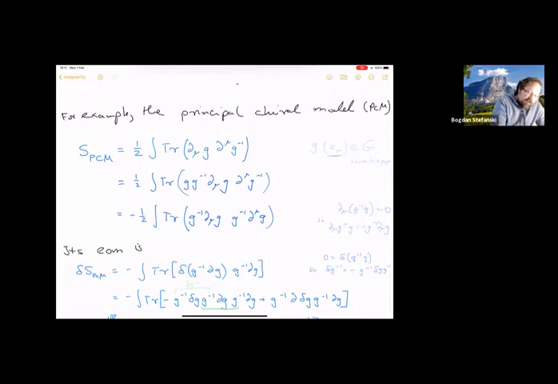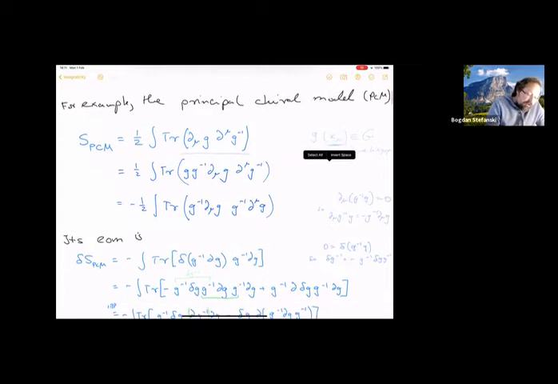So the action you can write down for the principal chiral model is just of this form. You can rewrite it in the following way. So you can insert this guy here, which is identity, and you can move the G to the other side because the trace is cyclic.